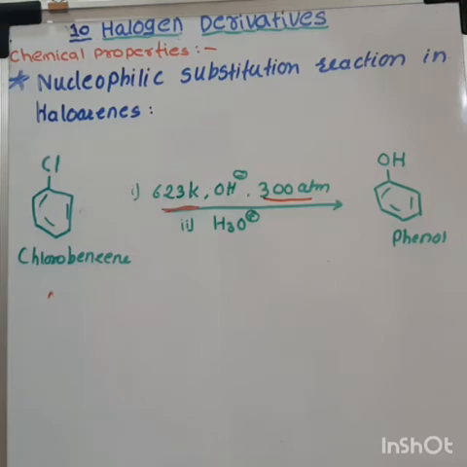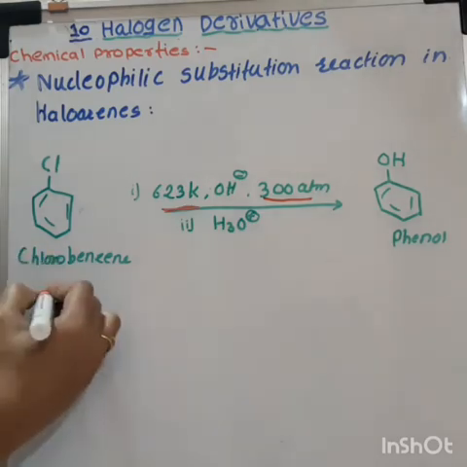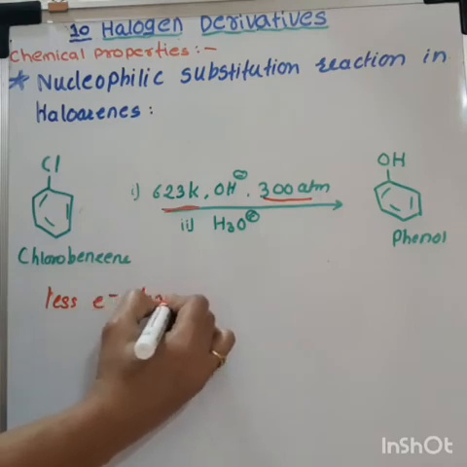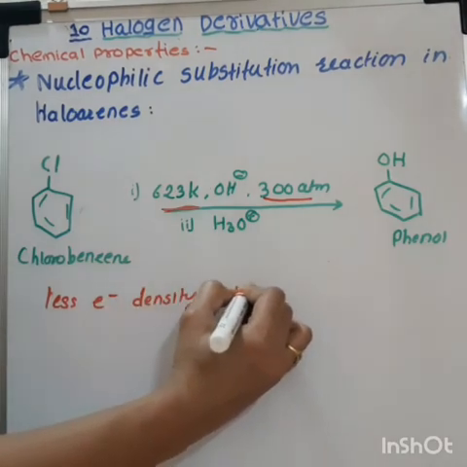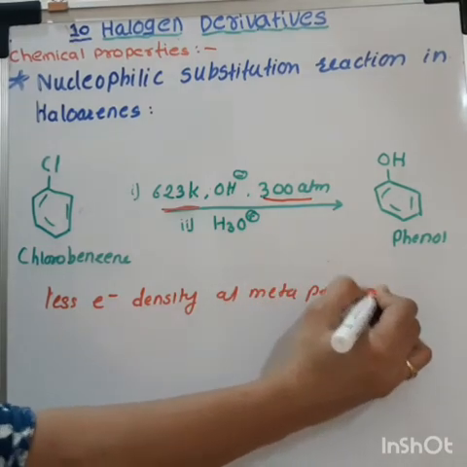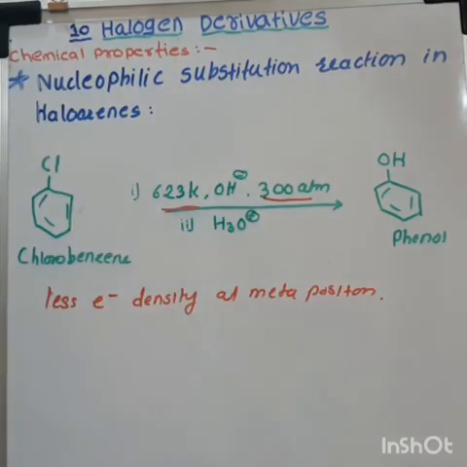The more the number of electron withdrawing groups, the more will be the reactivity of haloarene. There is less electron density at the meta position. Therefore, electron withdrawing groups must be introduced at ortho or para position.